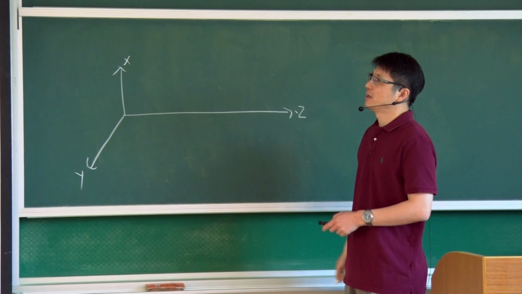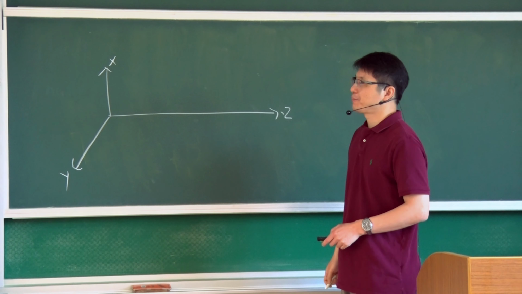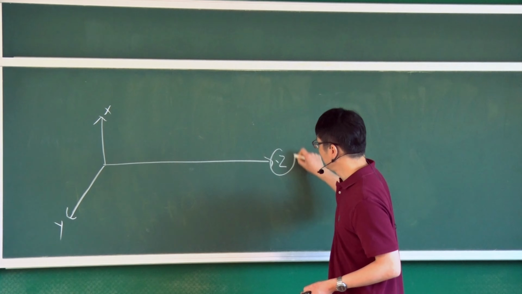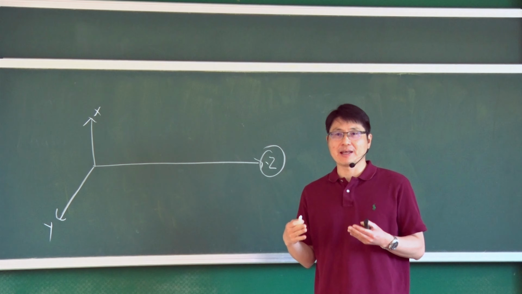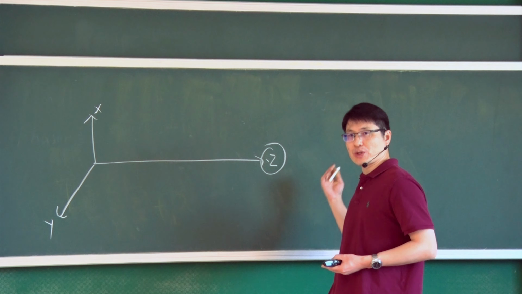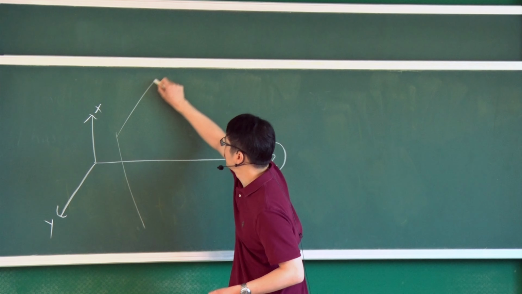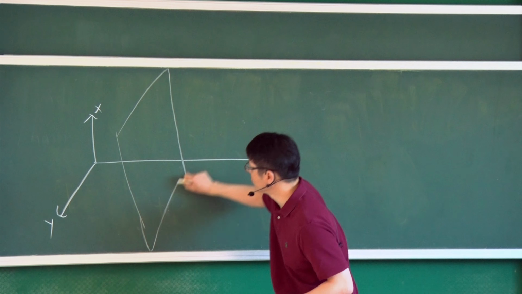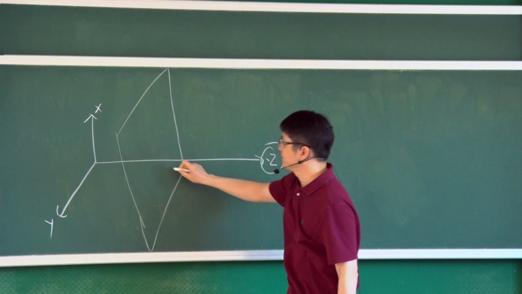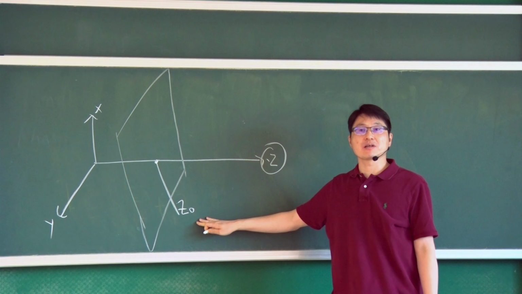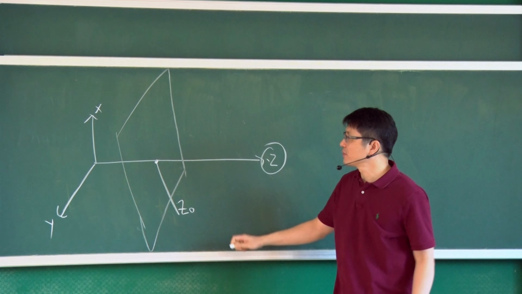Plane waves are waves that propagate in a single direction. For example, I have an electromagnetic wave propagating in a z direction. A plane wave means I have a huge, infinitely large plane, and here z is having some value of z0.